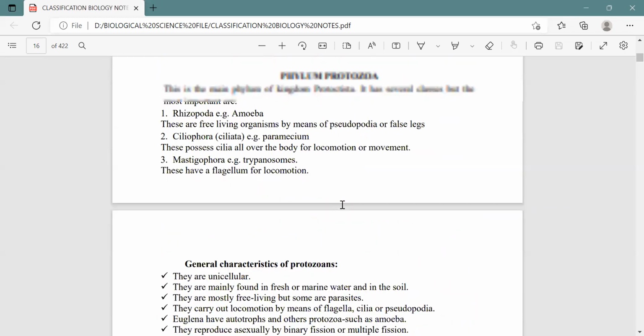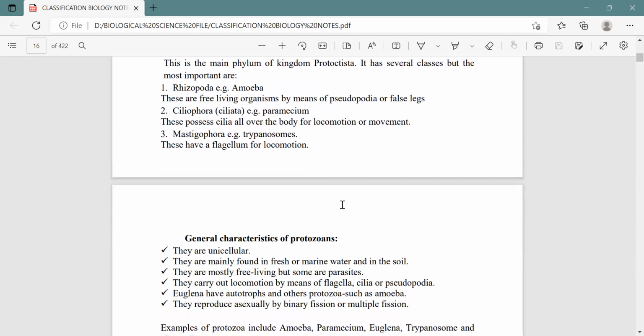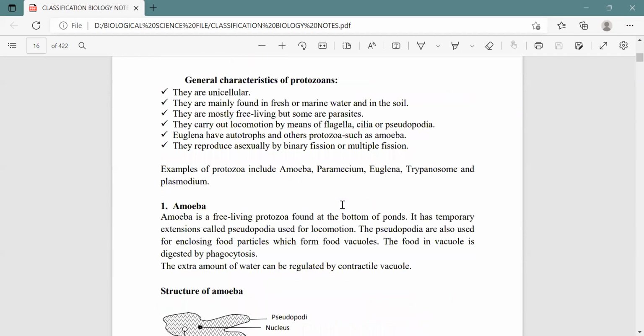The largest phylum, which is Protozoa, phylum Protozoa, is made up of the Rhizopoda class, the Ciliophora or Ciliata class, and Mastigophora class. And these are its characteristics.